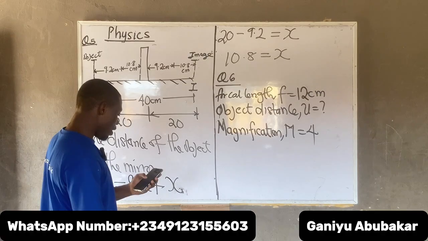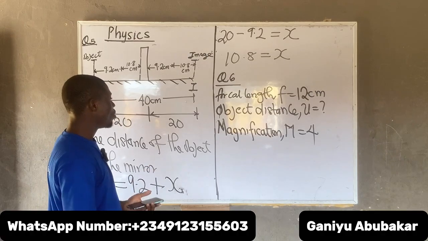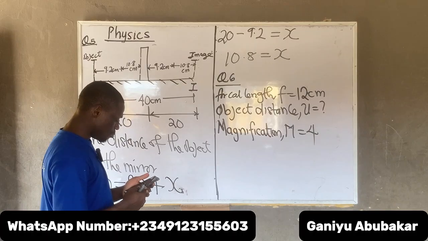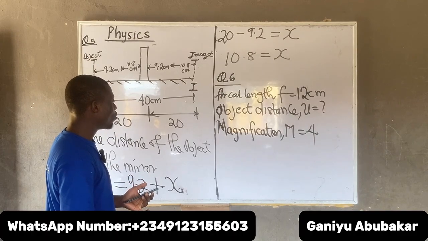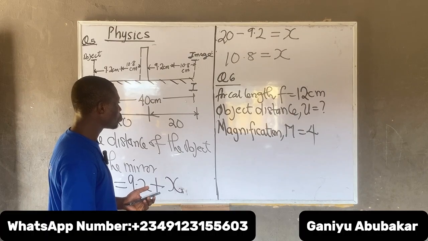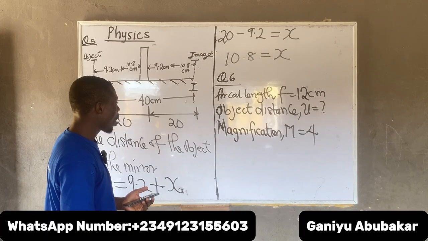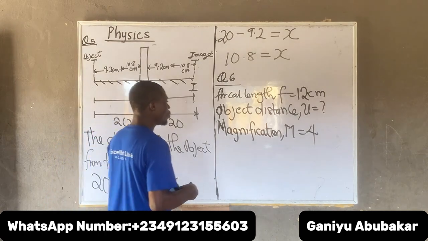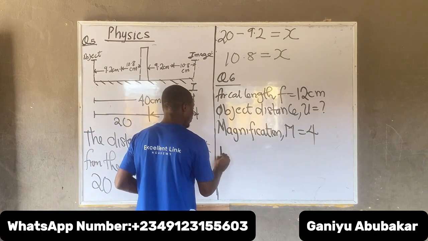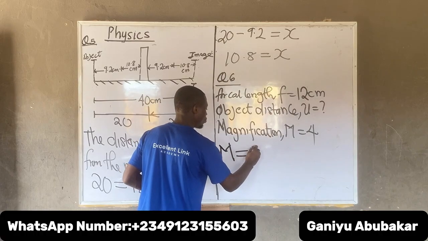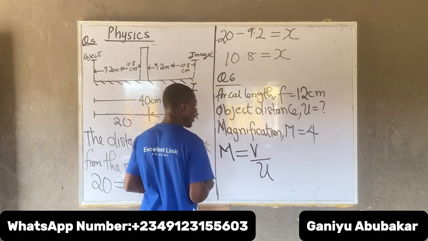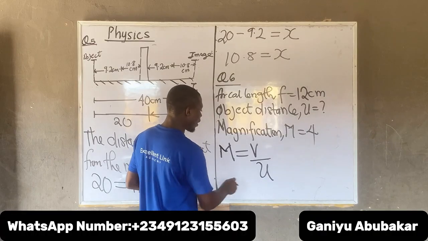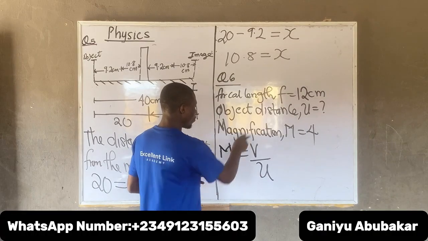We know that m is equal to v over u, and I'm asked to find u from here.